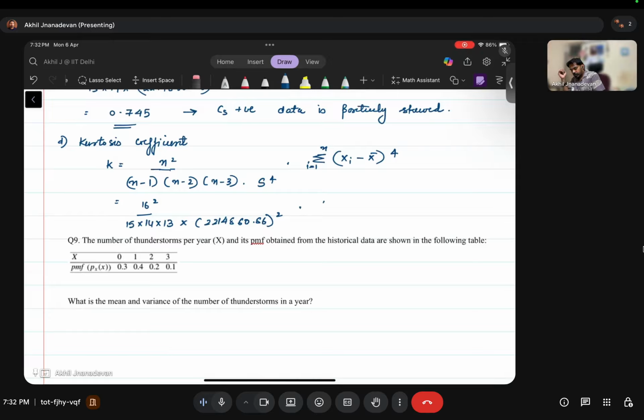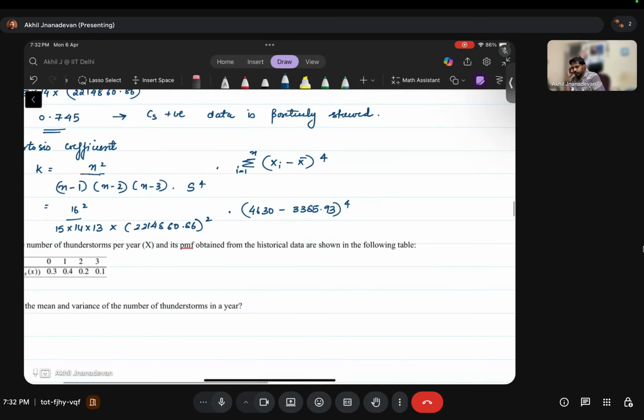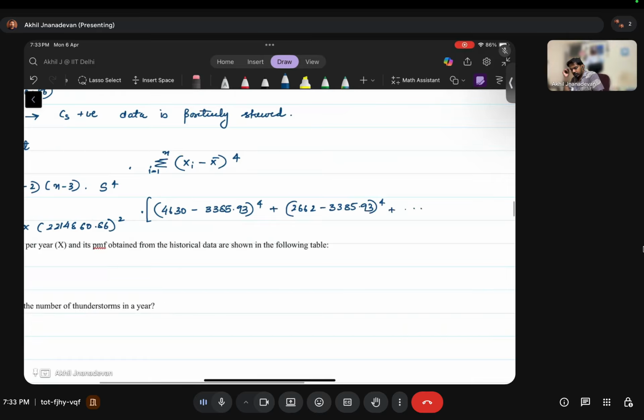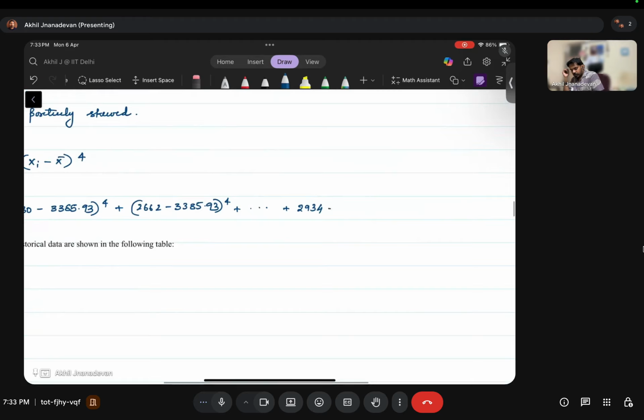Now the summation terms will be 4630 minus our mean 3385.93 the whole raised to 4, plus 2662 minus 3385.93 whole raised to 4, plus so on up to 2934 minus 3385.93 whole raised to 4.